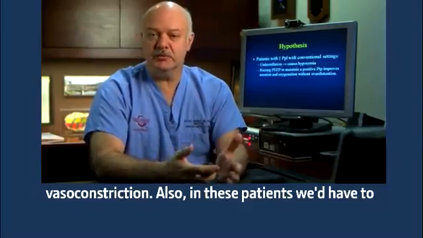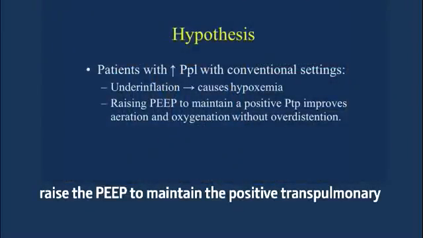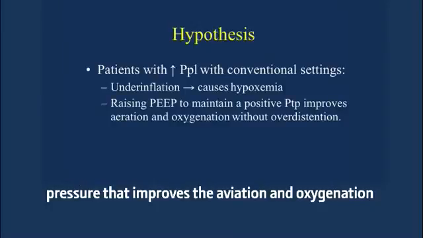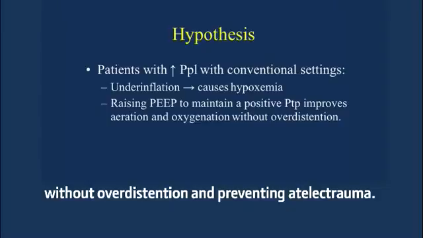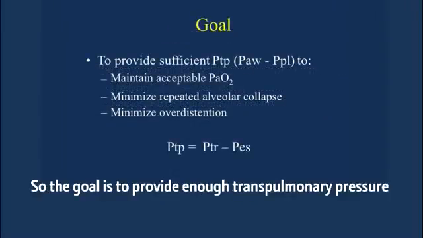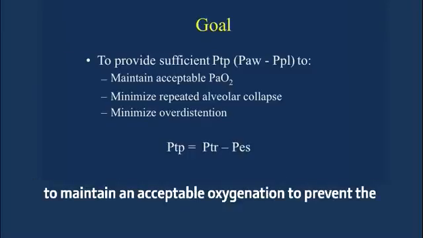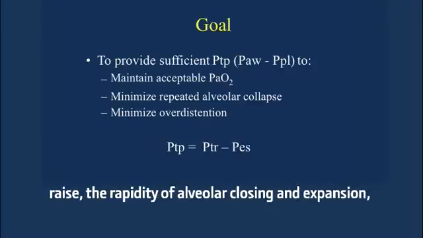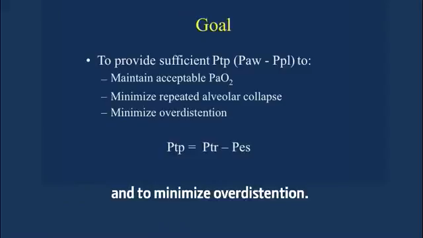Also, in these patients, we would have to raise the PEEP to maintain a positive transpulmonary pressure that improves aeration and oxygenation without overdistension, preventing atelectrauma. So the goal is to provide enough transpulmonary pressure to maintain acceptable oxygenation, to prevent RACE, the repetitive alveolar closing and expansion, and to minimize overdistension.